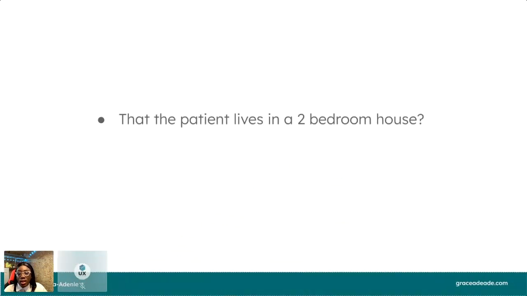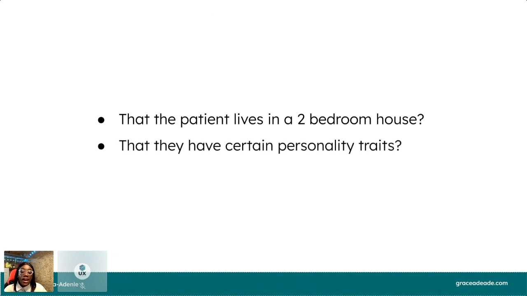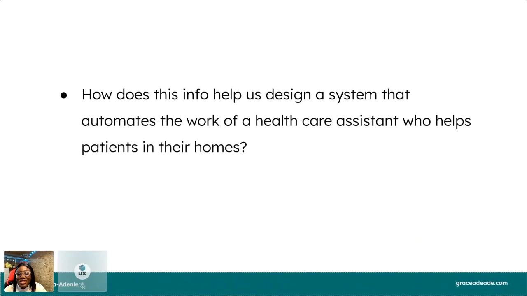So things like the patient lives in a 2-bedroom house, okay, or that they have a particular personality trait, or that they are 60% extroverted. All these kind of things. Exactly how does this help us to design a system that automates the work of, say, a healthcare assistant who helps patients in their homes?